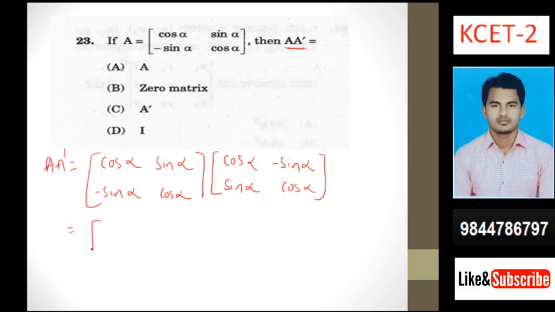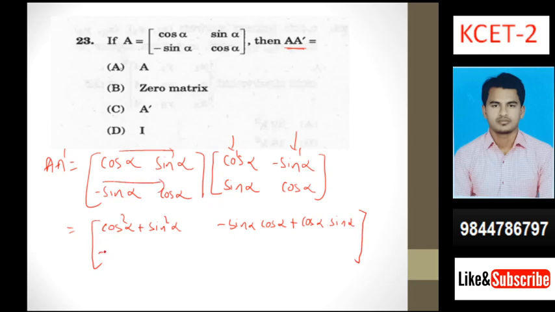Now multiplying here, first row with first column: cos alpha into cos alpha, cos square alpha plus sin square alpha. Later, first row with second column: minus sin alpha into cos alpha plus cos alpha into sin alpha. Later, second row with first column: minus sin alpha into cos alpha plus cos alpha into sin alpha.